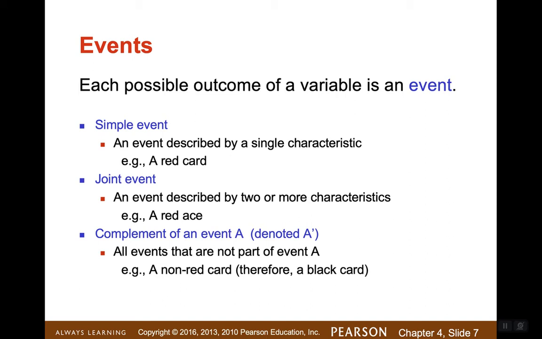That is compared against a joint event, in which we're looking at two or more characteristics. For example, a red ace or a black jack. Basically, we would have two characteristics: one is the color of the card, the second is the face of the card.